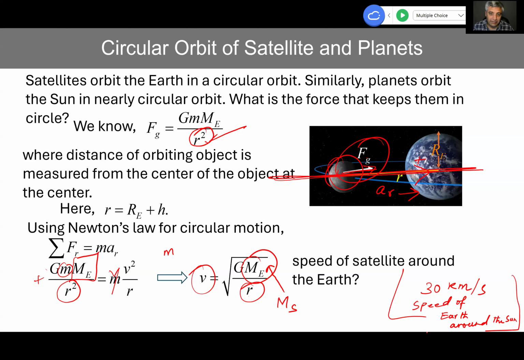You can use the same formula there. For any object going around another large object, you can find the speed if you can measure how far that object is from the bigger mass. And that's how we discover exoplanets. What are exoplanets?